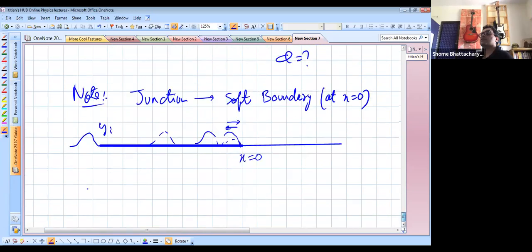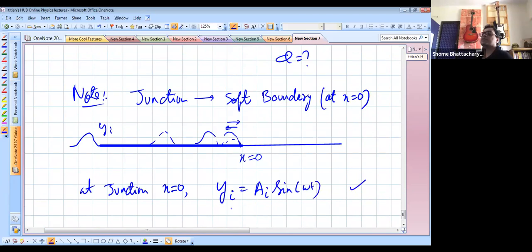Okay. So at the junction x equal to 0, the disturbance created by the incident wave is nothing but E incident sine omega t.